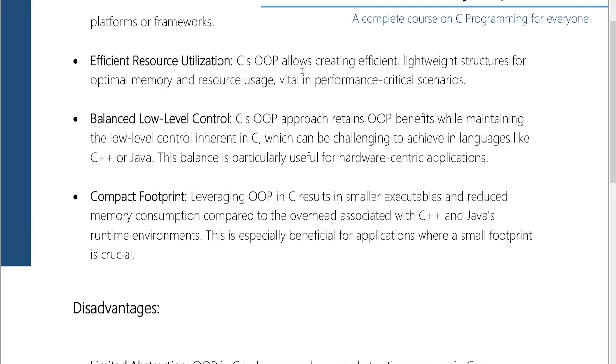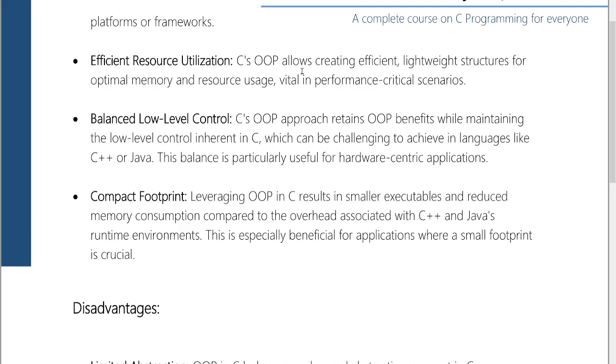And you have balanced and low-level control. If you use C for object-oriented programming, you retain control and inherit the strengths of C, which can be challenging to achieve in languages like C++ and Java.